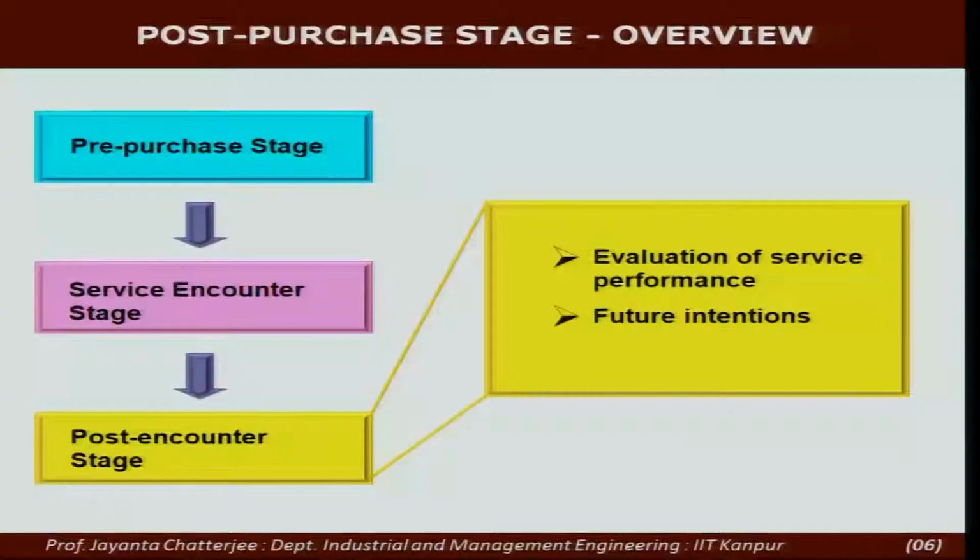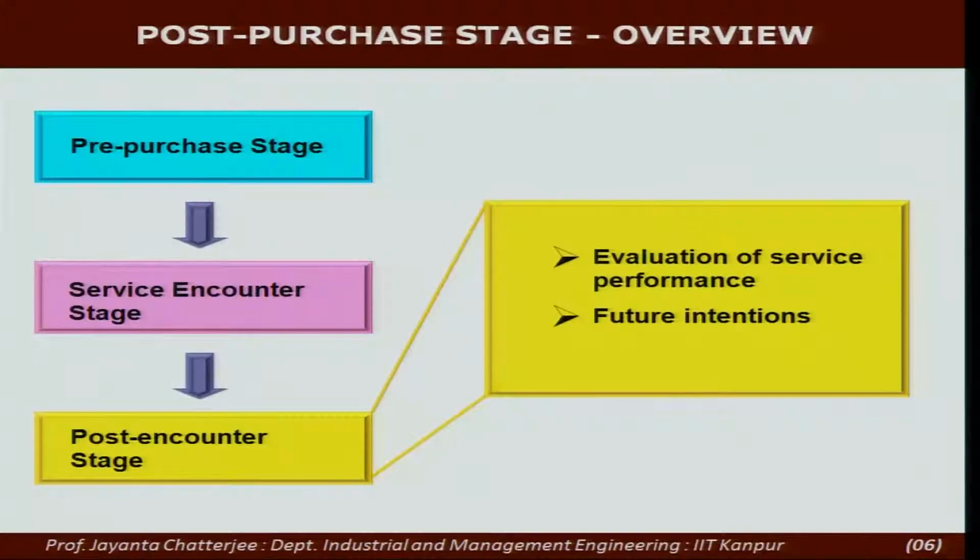So all the touch points need to be managed continuously for that level of high performance. That's why, for example, in experience heavy services like restaurants or haircuts and so on, quality management techniques like Six Sigma can be quite gainfully applied.